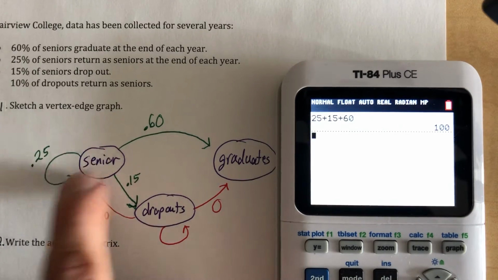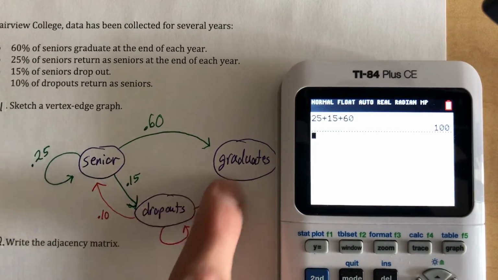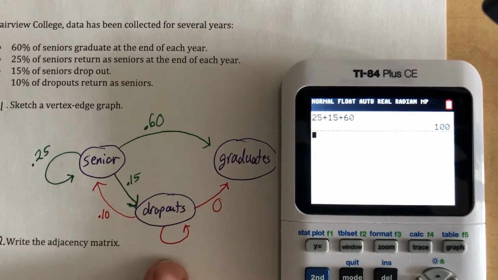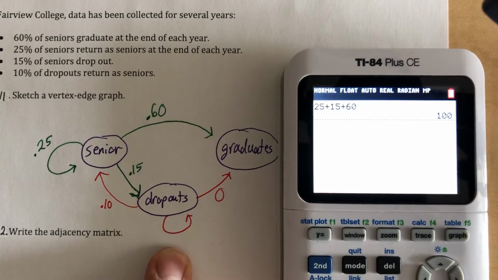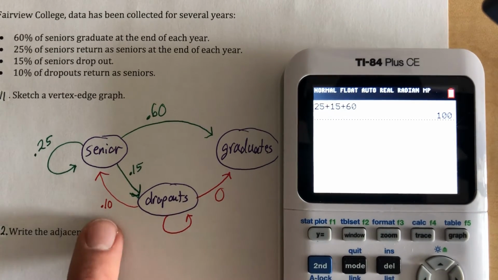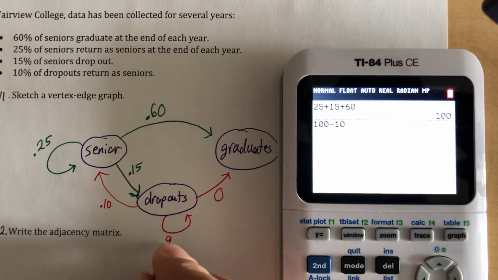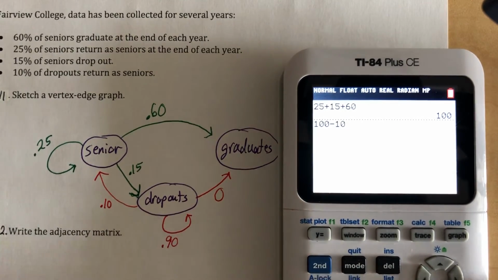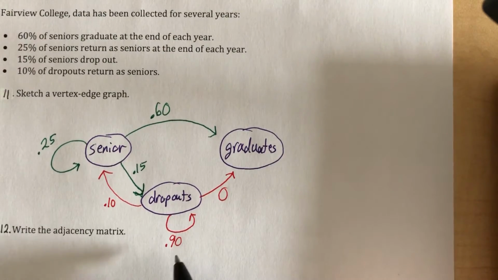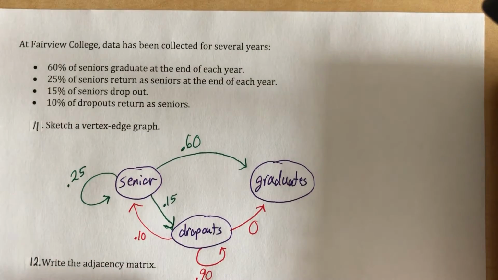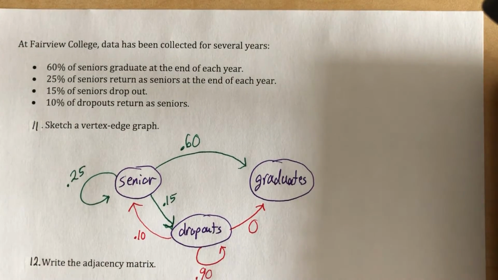So 100% is coming out of there, so all these had better be 100 as well. Whatever this is, it better add up to 100 along with 10 and 0. So 100 minus 10 minus 0 is 90. So 90% of dropouts remain dropouts. And again, I didn't have this number up here, but I did have it intuitively.